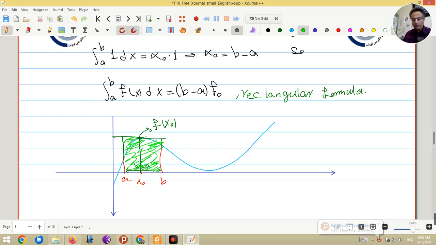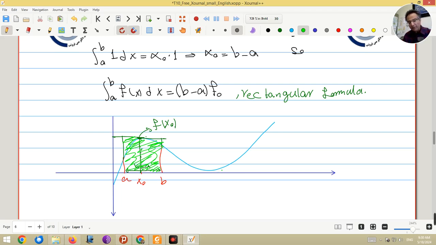Okay, so this is the rectangular formula, which is an approximation for the area under the curve between a and b, x equal to a, x equal to b, and the x axis.